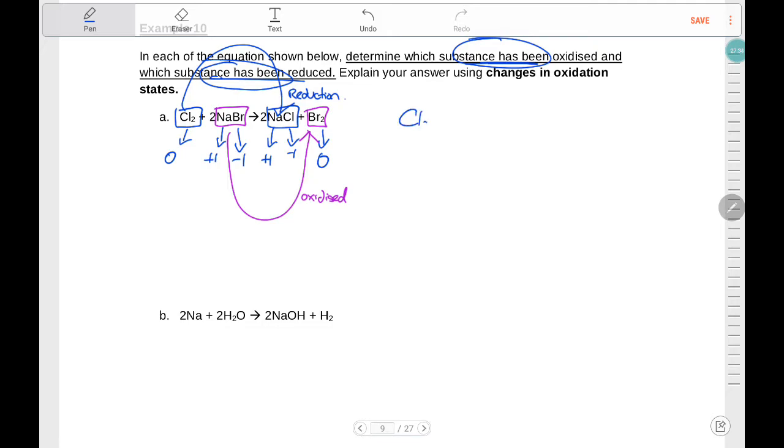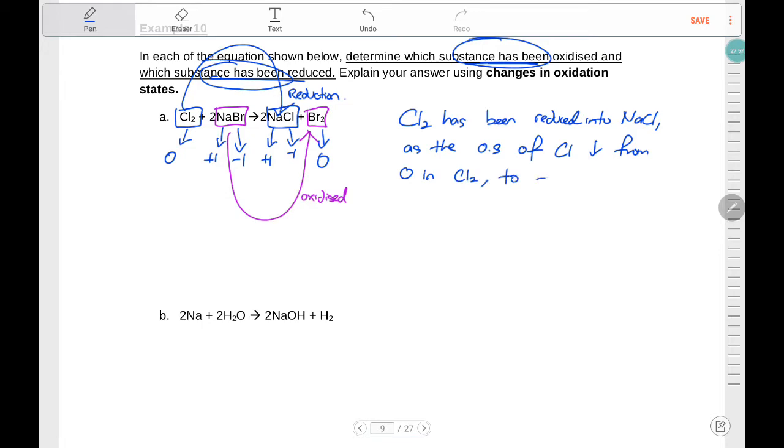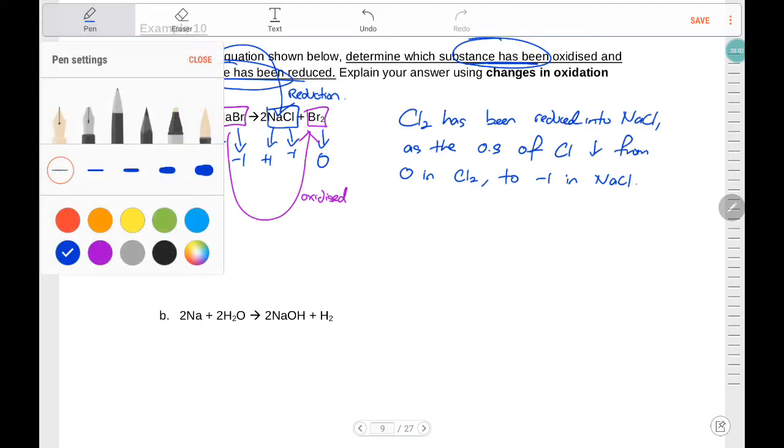So my answer will be that chlorine has clearly been reduced into NaCl, as the oxidation state of the element Cl decreases from 0 in chlorine to minus 1 in NaCl. That's the reduction part, as the oxidation state has decreased.